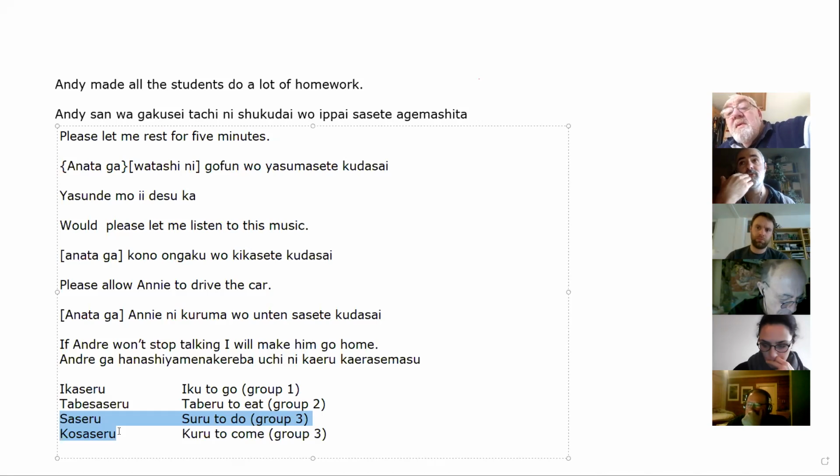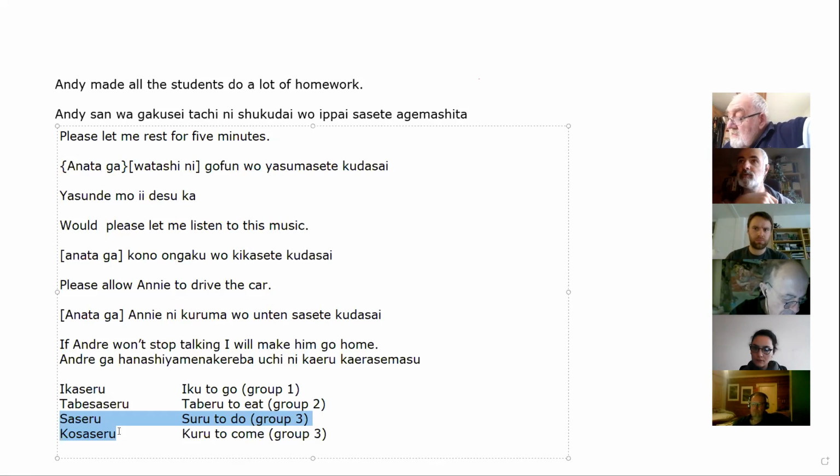Yes, exactly. All we do is knock off the ru and put rareru for the passive, or saseru for the causative. Always the same way. So we only need to memorize four verbs for each type of conjugation.